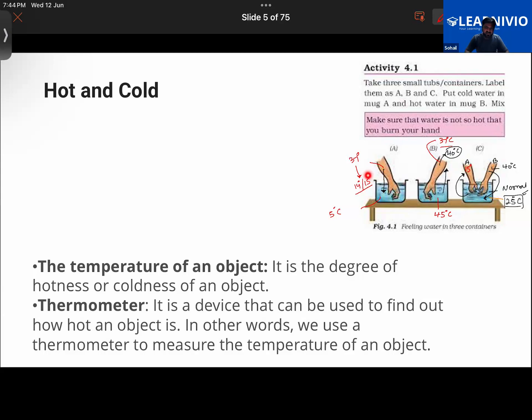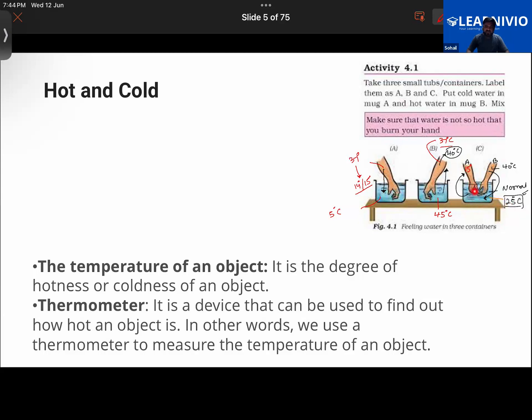Earlier it was 37, now it became 15 degrees Celsius. Also take this: the temperature of this normal water is 25 degrees Celsius. So now look at your hand A and the temperature of this normal water. This is 25 degrees Celsius, your hand is 15 degrees Celsius.